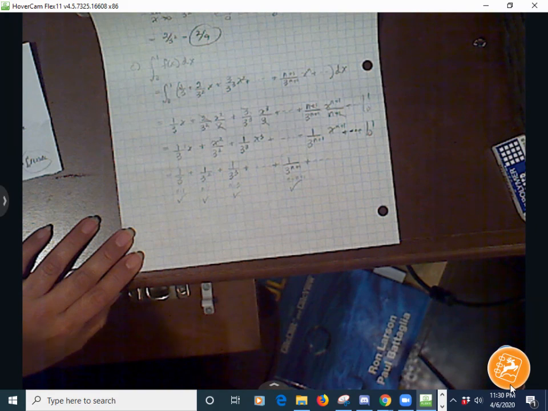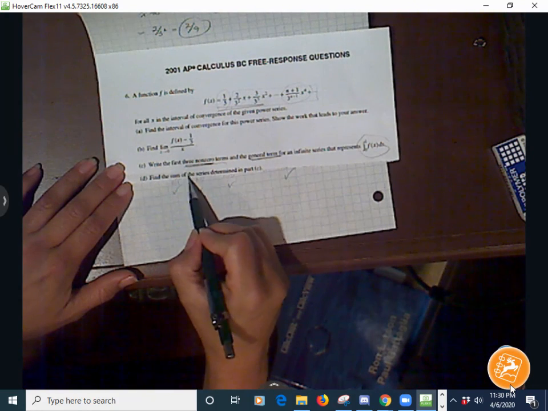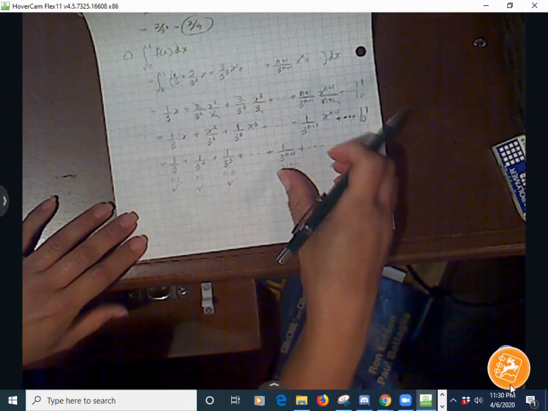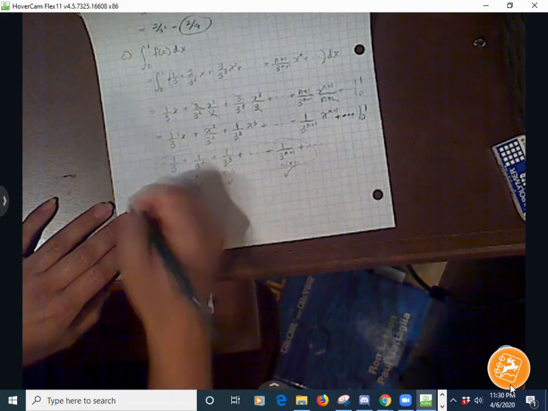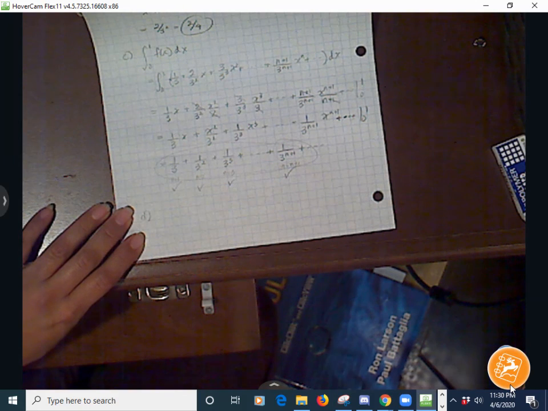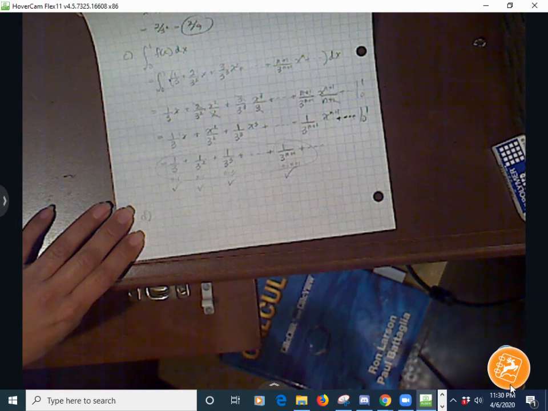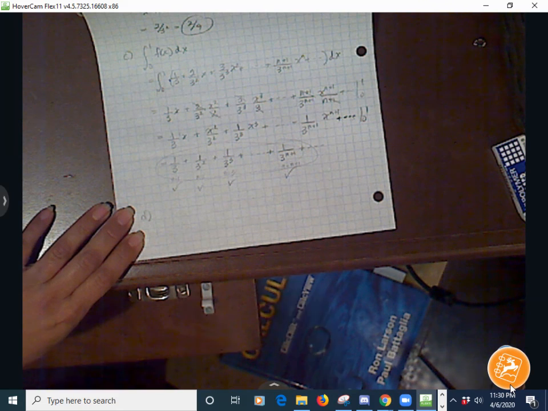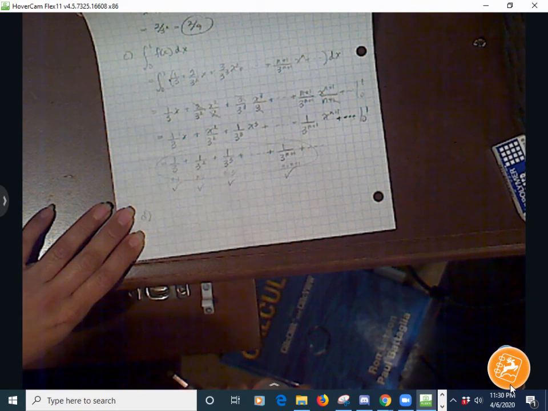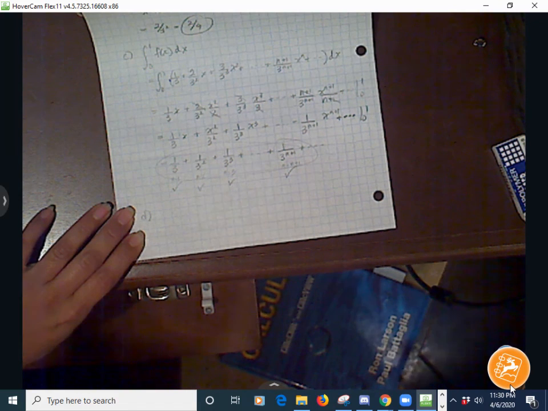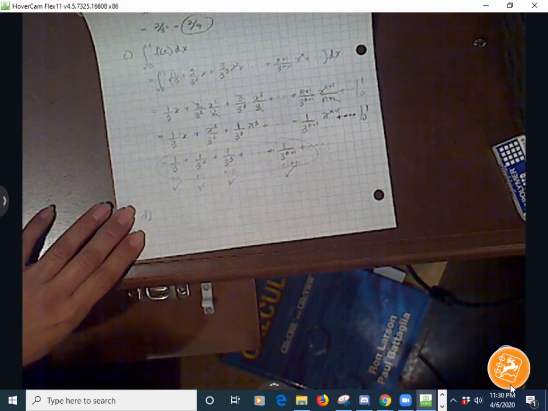And then part D, it says find the sum of the series determined in part C. So I need to use my answer from part C, which is this guy, and I need to find the sum. Most often, when they want you to find the actual sum, not an approximated sum, you have an infinite geometric series, because then you have a formula that you can work with.